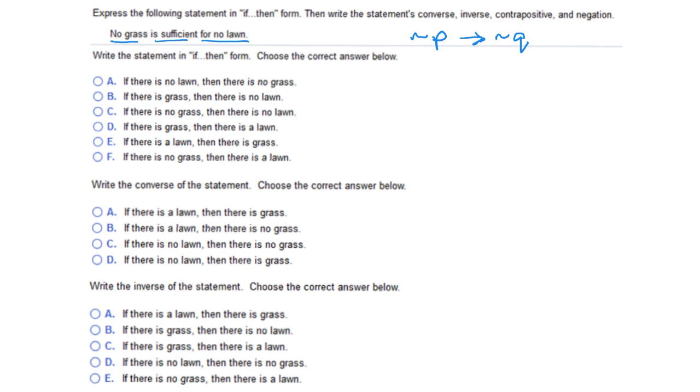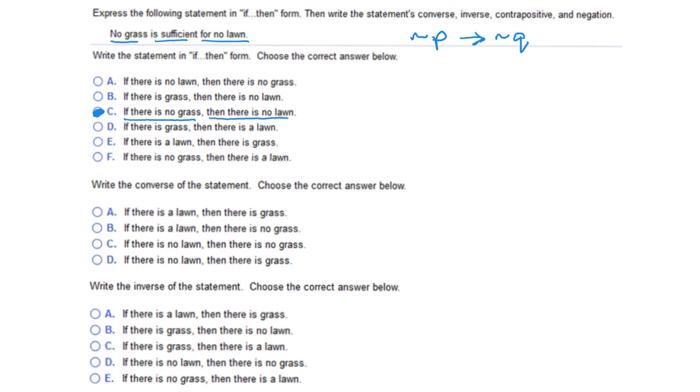So it says write the statement in if-then form, which is what we just did, and it says choose the correct answer below. Another way that we can restate this would be C, if there is no grass, then there is no lawn.